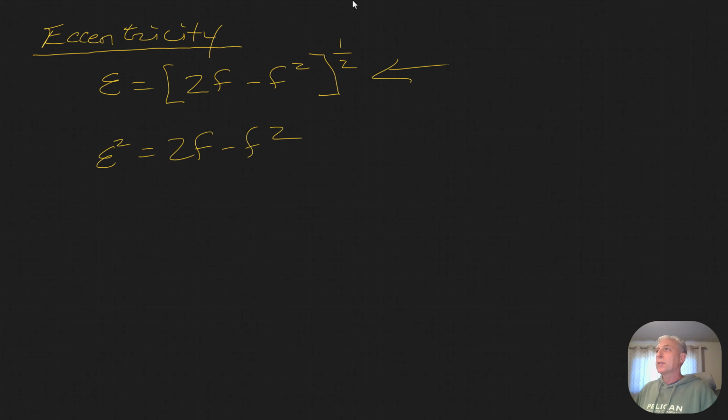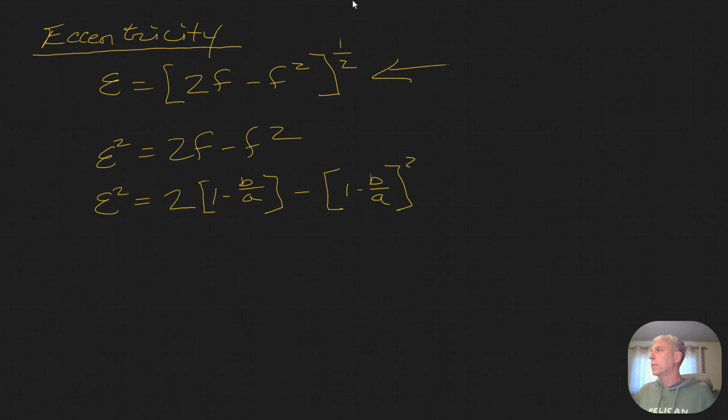So if we take this eccentricity squared and plug in our definition of f, that would be 2 times, using that second definition of f, 1 minus b over a, minus, all I'm doing is plugging in the definition of f, 1 minus b over a, squared.